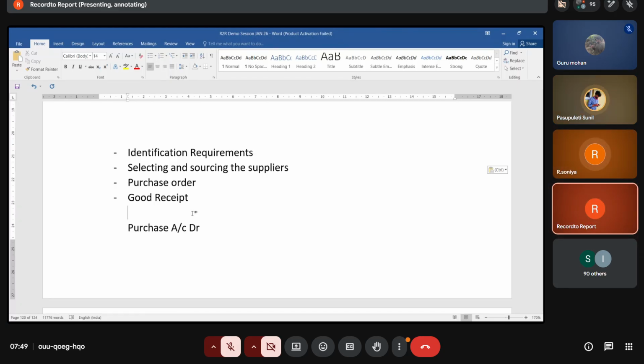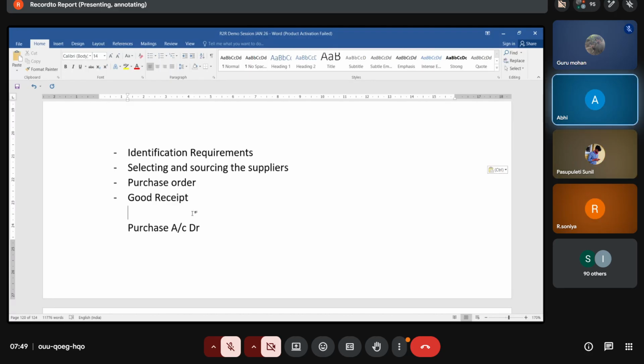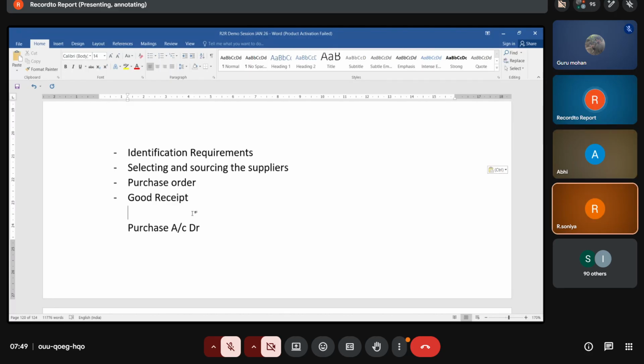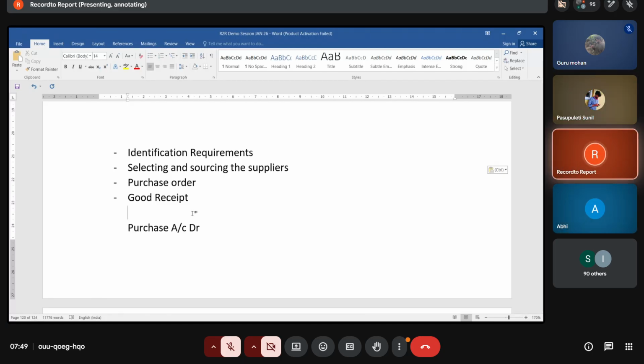GRIR account debit, GRIR account credit to vendor account. GRIR is a clearing account. Understand? GRIR is a clearing account. For what purpose is this clearing account used? It is mainly maintained for understanding any kind of differences. Clear? Yes.